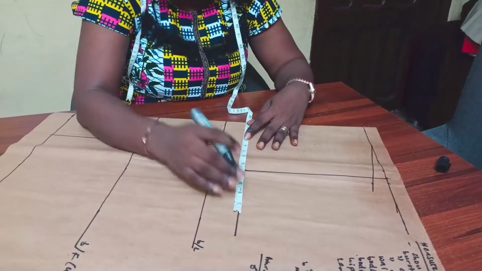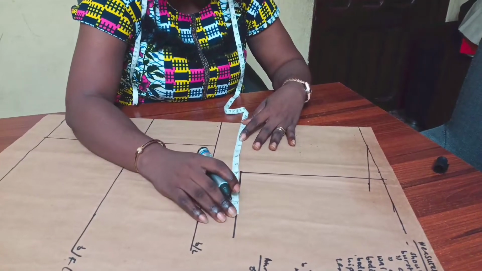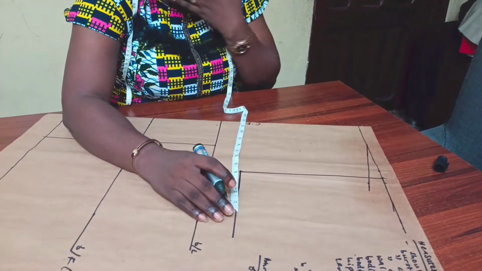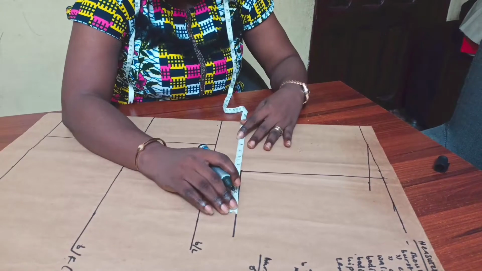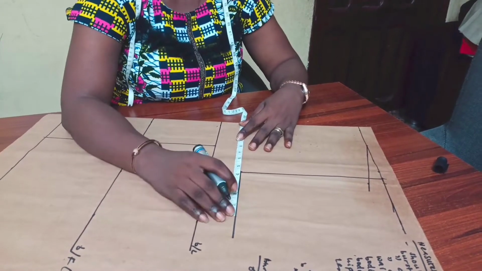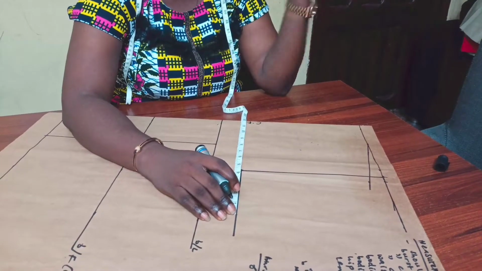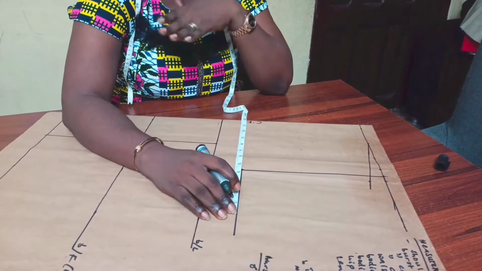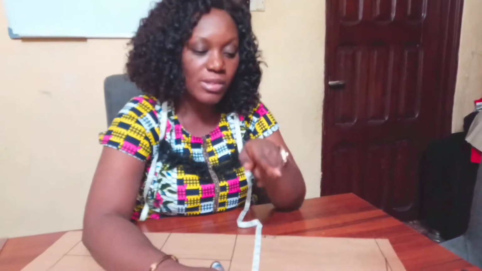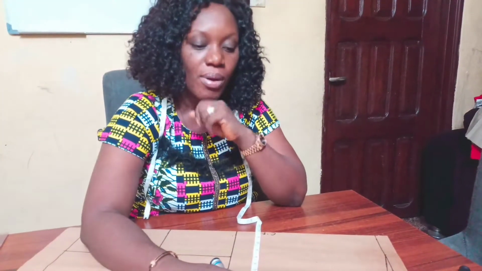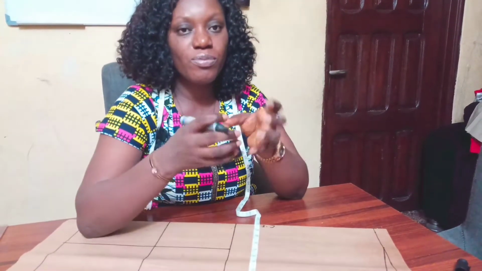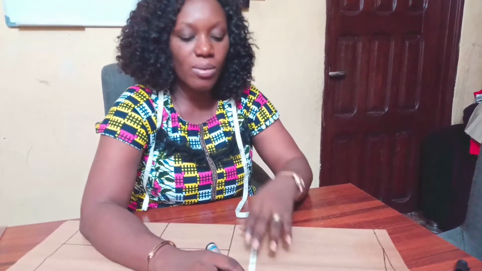Make your row. My bust circumference is actually 43. After dividing by 4, I added 0.5, and then at the back I minus 0.5. If I'm doing the back bodice, I'll minus 0.5 from what I got after dividing by 4, because I want the flat back. I don't want any form of roughness at the back, like any bulging at all.